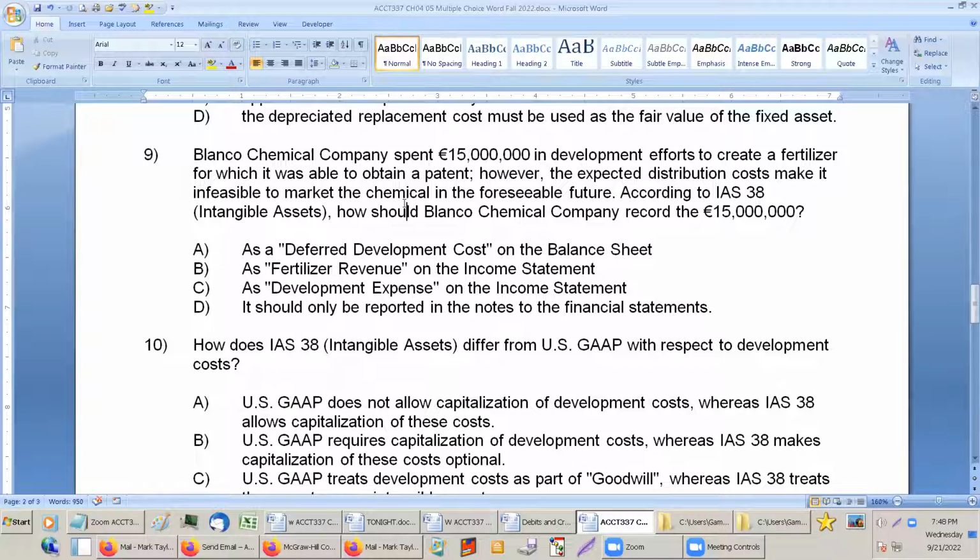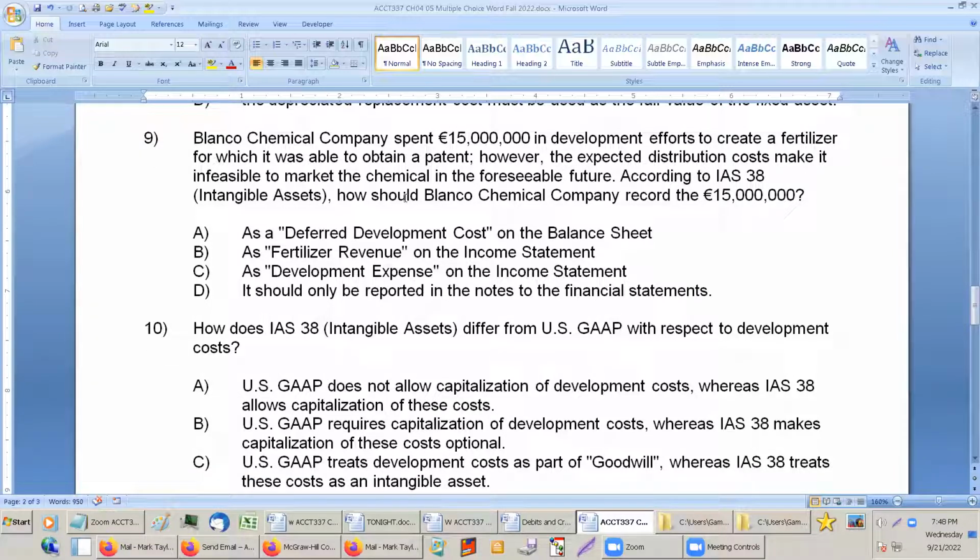Blanco Chemical Company spent 15 million euros in development efforts on creative fertilizers, so they got a patent. However, the expected distribution costs make it infeasible to market the chemical in the foreseeable future.